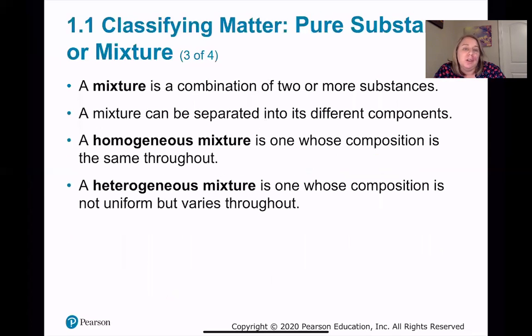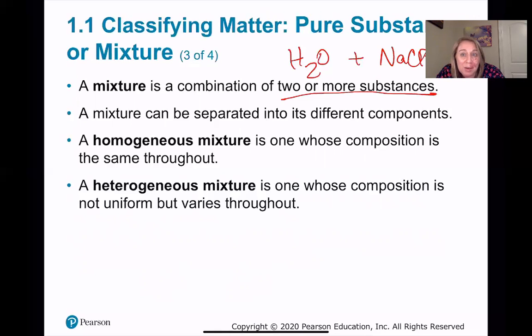A mixture is a combination of two or more substances. So if we had water and we added NaCl, that is salt water. Is that a mixture? Yes. The water and the salt don't chemically alter each other.